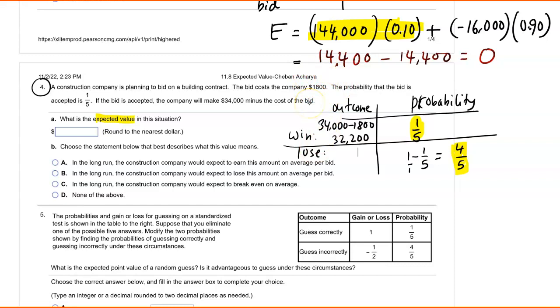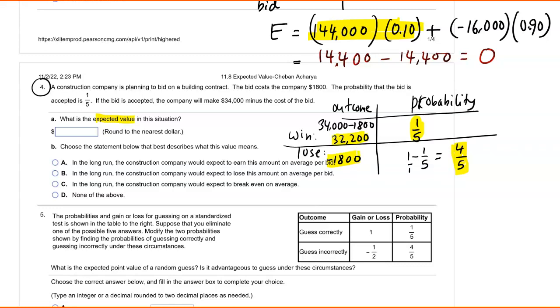Therefore, if the company loses the bid, remember the chance of losing is 4/5, and the company will lose $1,800. That's the kind of fee. Okay, you have 2 amounts here. One is 32,200. One is negative 1,800.